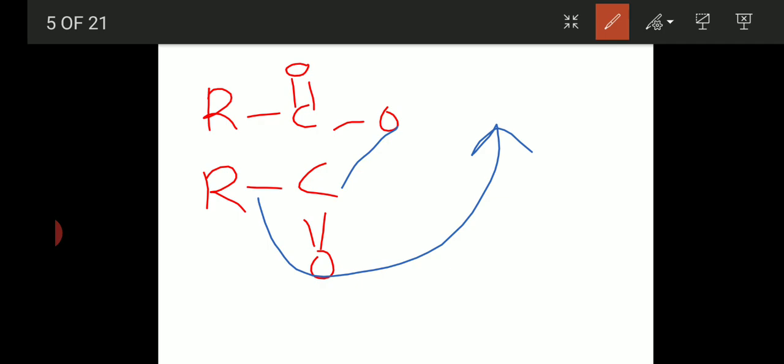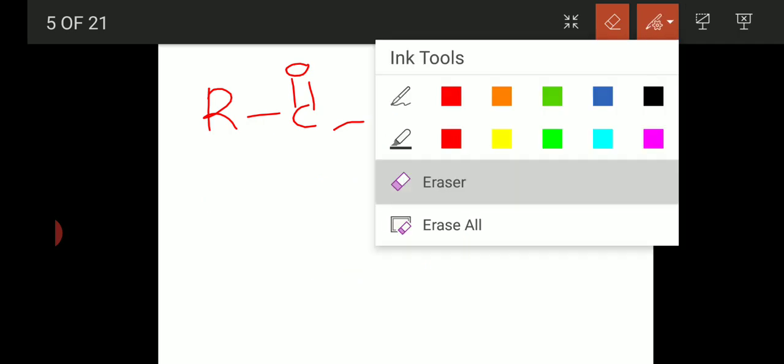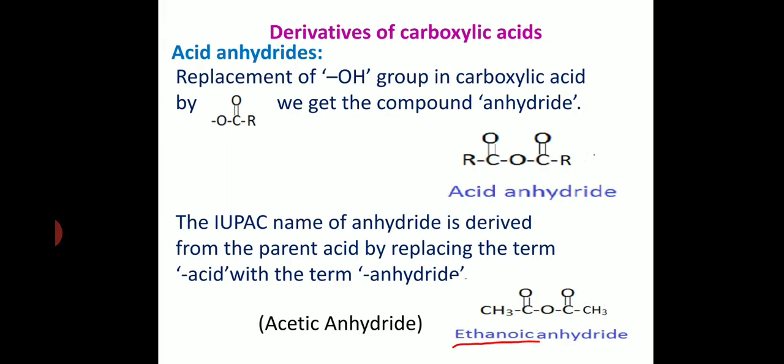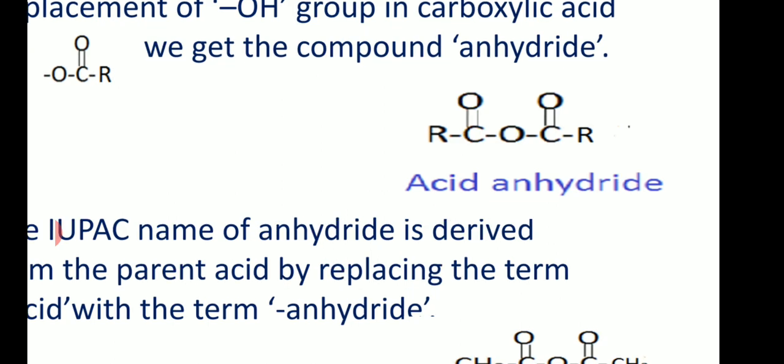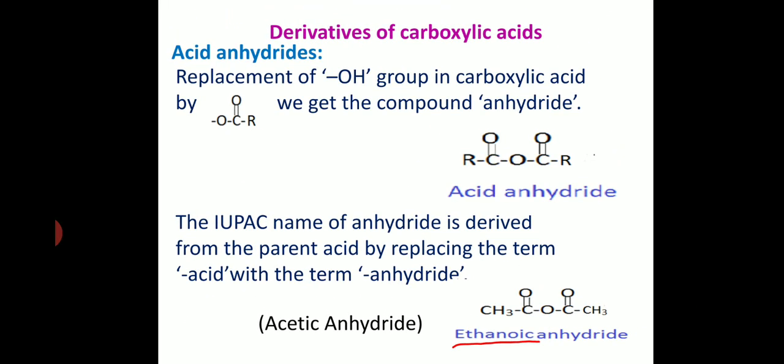By stretching this, what you will get? C double bond O R. So this is nothing but acid anhydride. Yes, in the previous slide we have seen RC double bond O, C double bond O, R. This is acid anhydride.